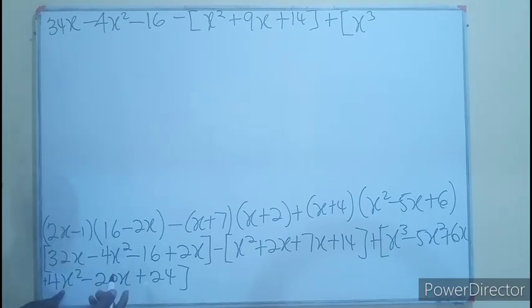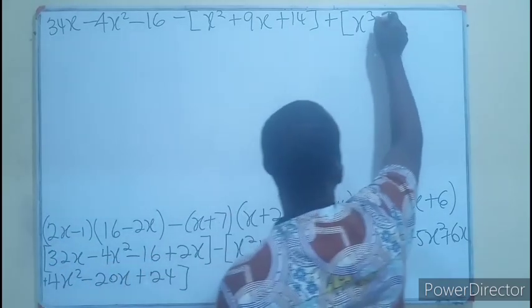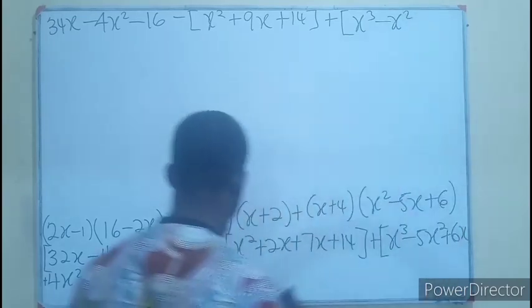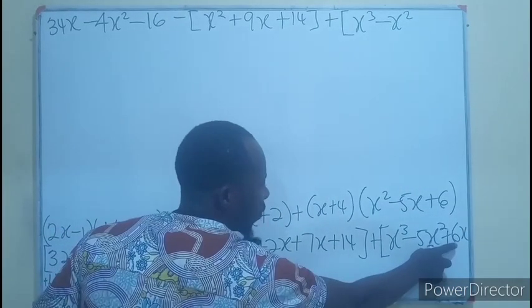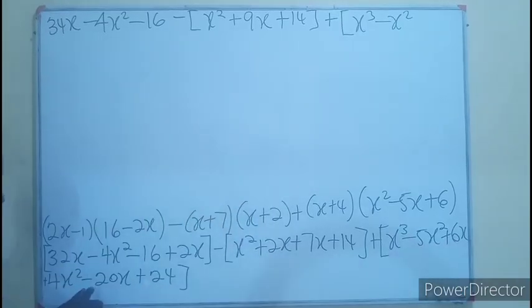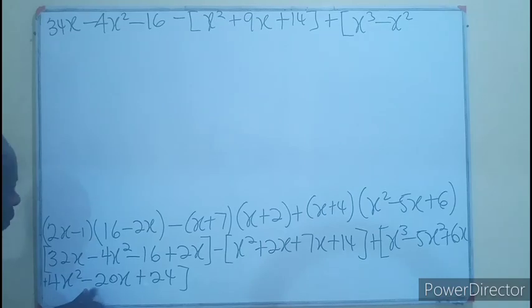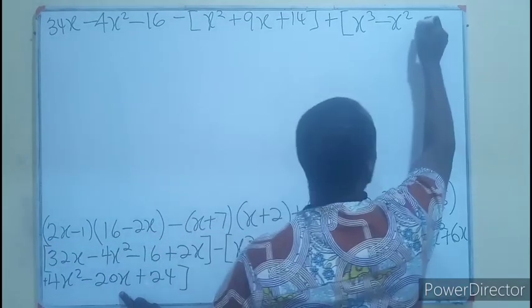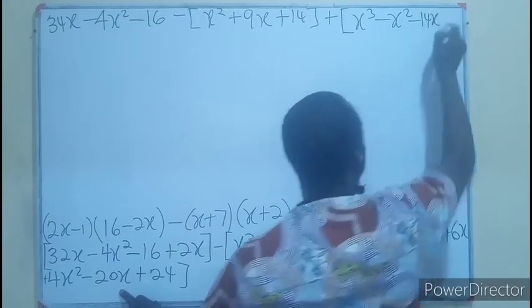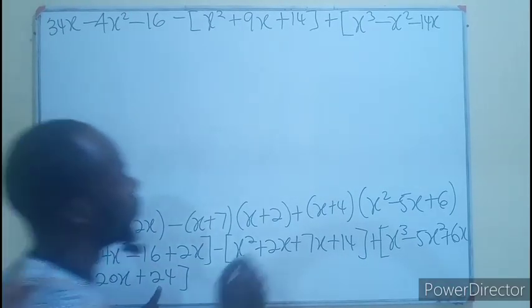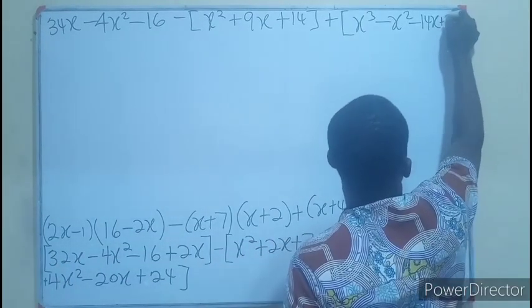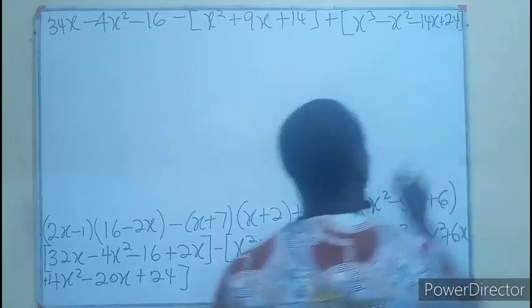That will be minus 1. So I'll be having minus x squared, then 20x, 6x. So positive 6 minus 20. I believe we have negative 14x. Then the next thing will be our 24. So plus 24. Let's close that.